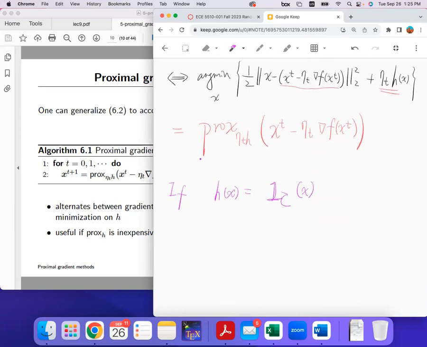And consequently, this proximal operator, now that H becomes the indicator function, is the proximal operator associated with eta t times the indicator function. This guy is the projection onto C. So this algorithm reduces to projected gradient descent.